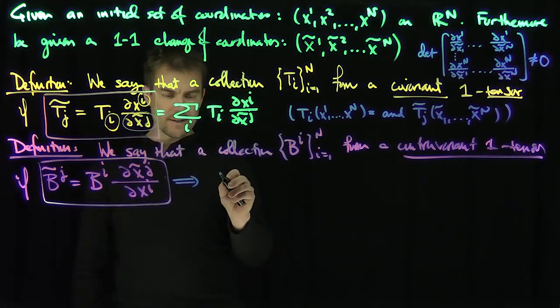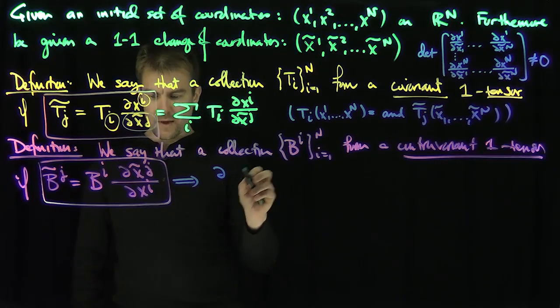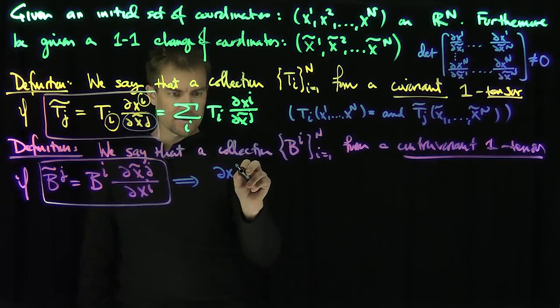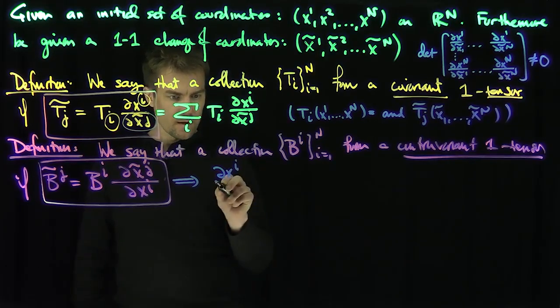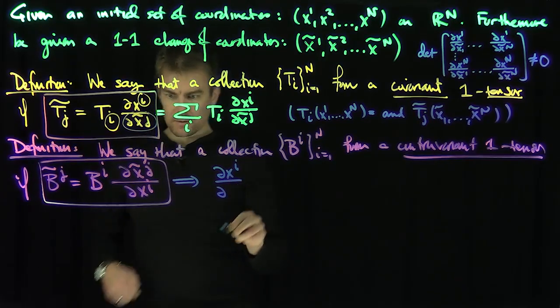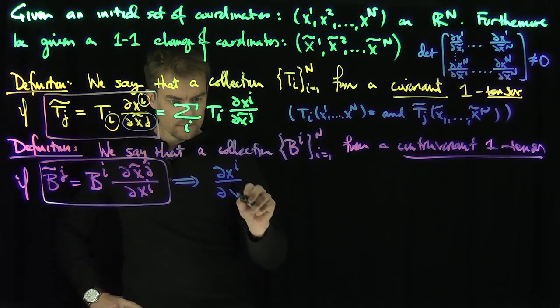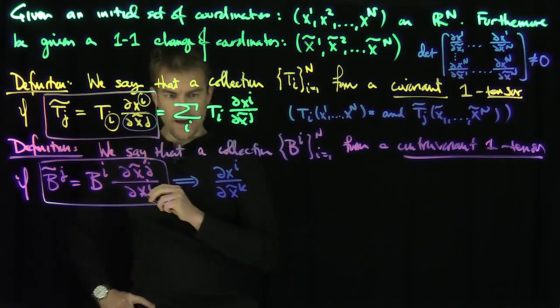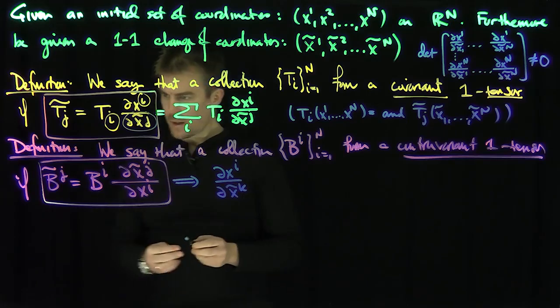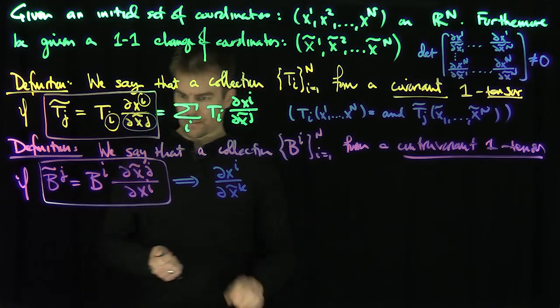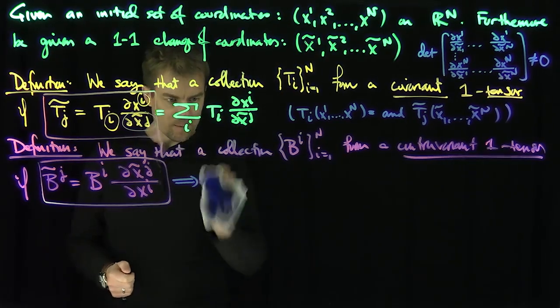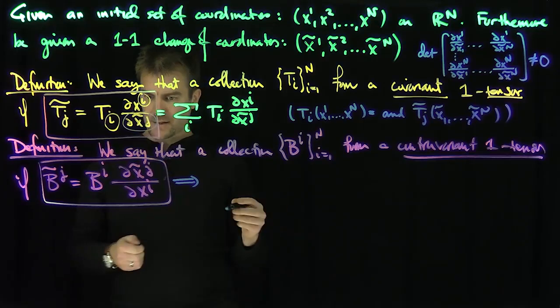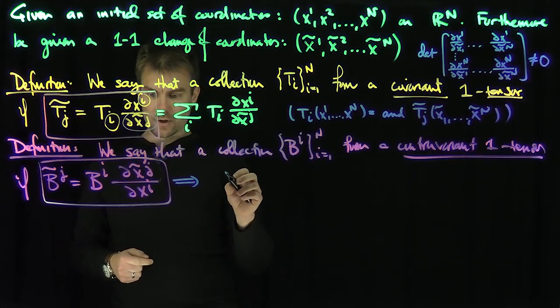I'm going to hit both sides of this with partial xi, partial xj, partial xk, x tilde k, like that. And then I need to hit this with something different. So I want to do something a little bit different, actually. I'm going to be a little bit careful about this. I'm going to hit both sides of this with a partial xj tilde in the denominator.